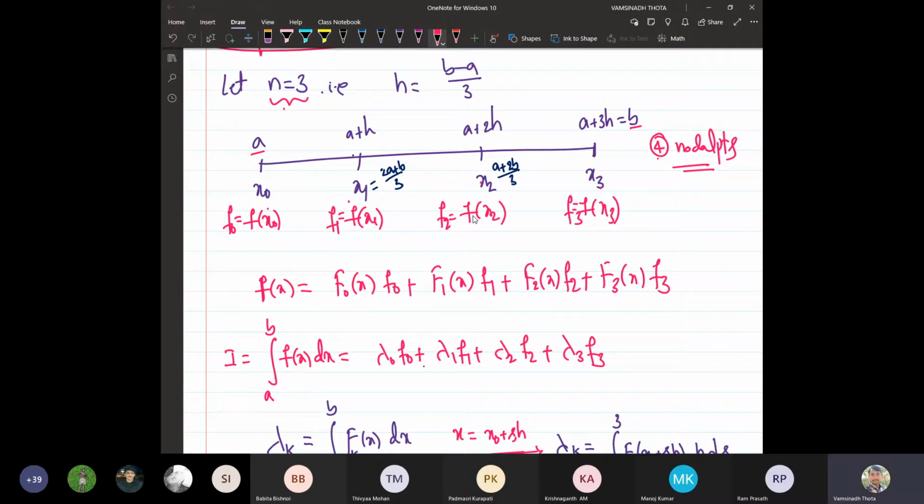Sorry, here n is equal to 3. N equal to 3 means 4 nodal points will come, x0, x1, x2, and x3. So what about the length of each subinterval? The length of each subinterval h is b minus a upon 3. Here 4 is n plus 1 nodal points.